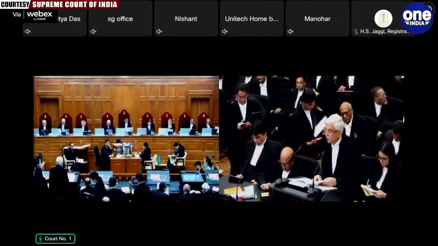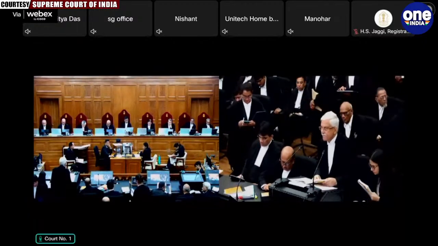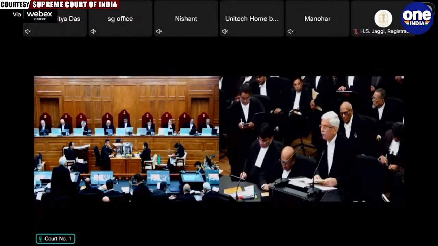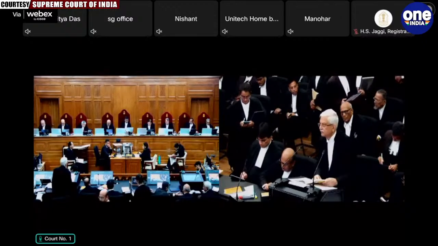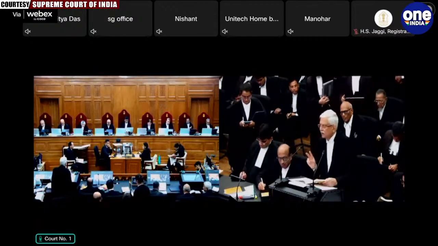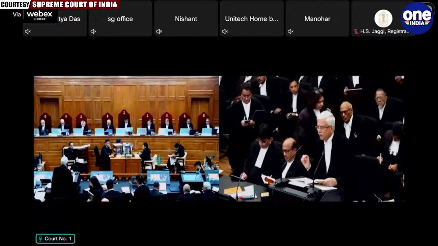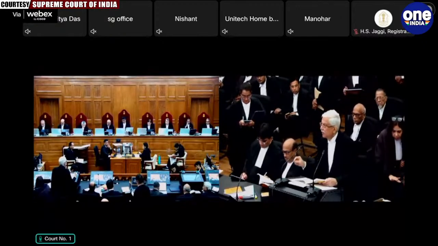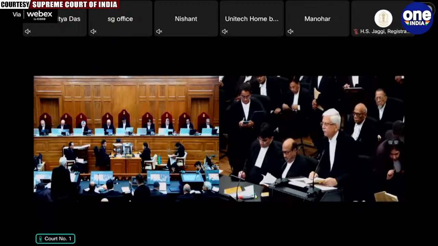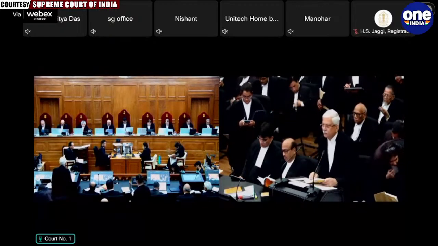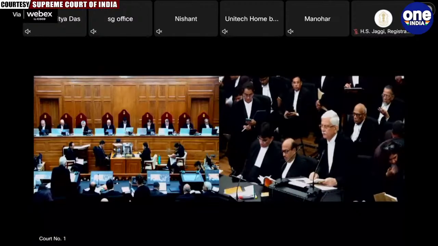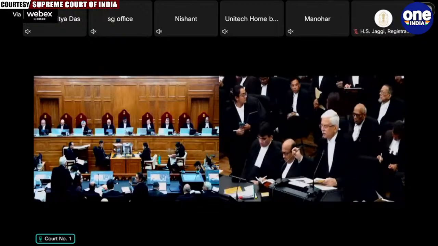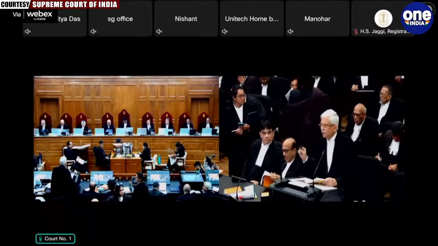Entry 23 of List 1: highways declared by or under law. Please mark this. I'm drawing a distinction between entries which say by law, by Parliament by law, or those which say by or under law. That will create a structural problem with respect to section 9 being understood as a tax.